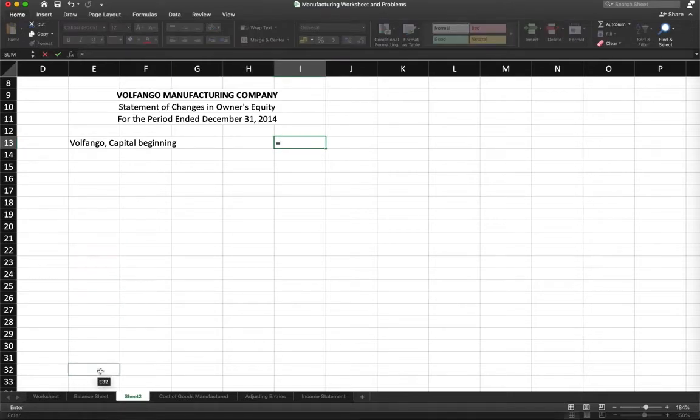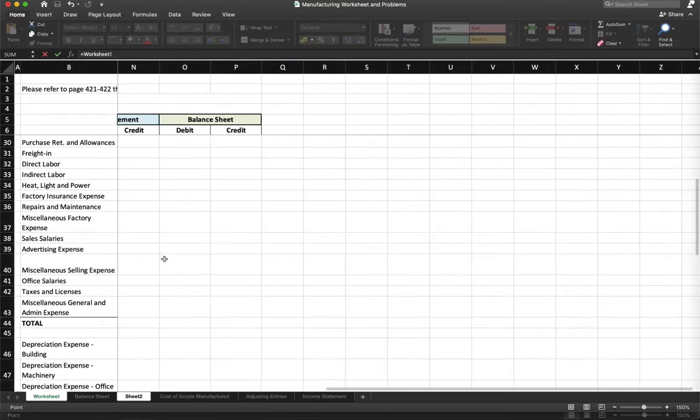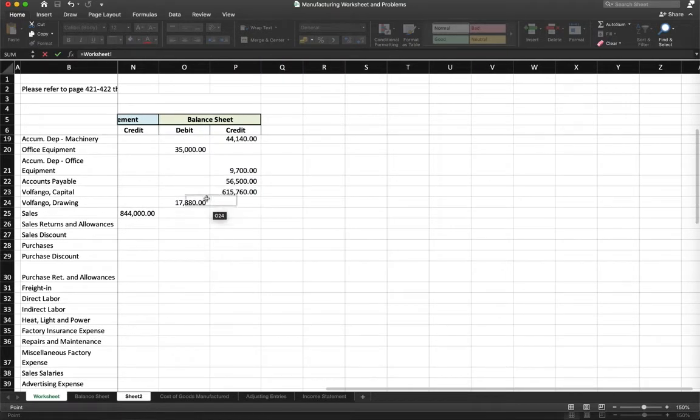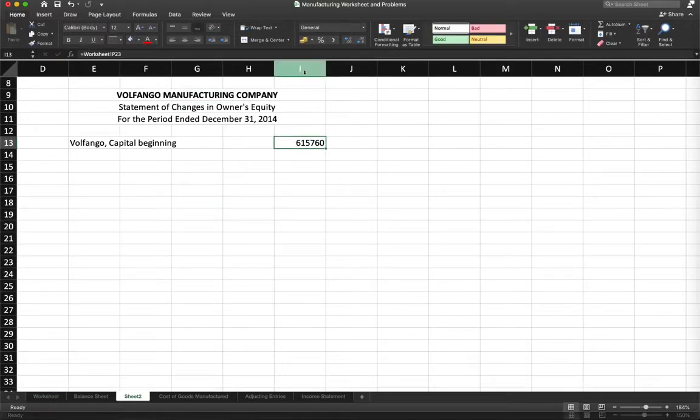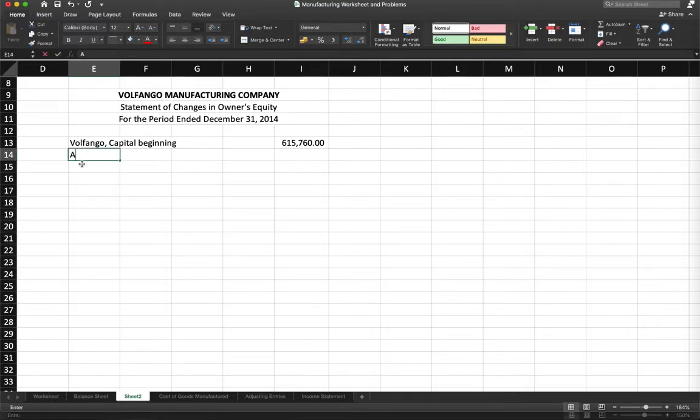We have ito sa worksheet. Volfango capital, this is 615,760, diba? Ayan, nakalagay sa worksheet. Add any investment? Walang investment. Ano lang meron? Meron tayo net income or profit.